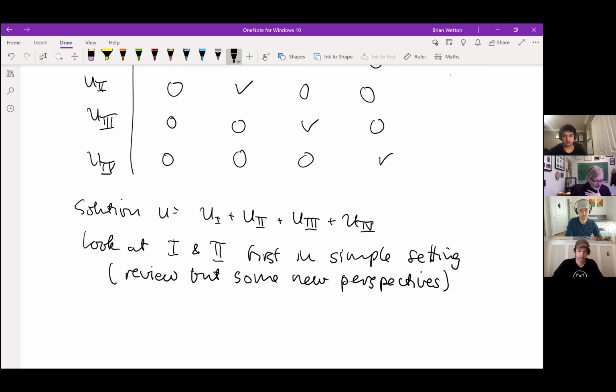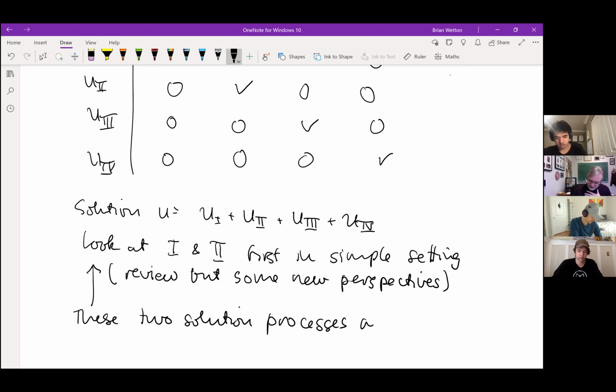The other thing, which I really want to point out, which is a really important concept, is that these two solution processes are related.